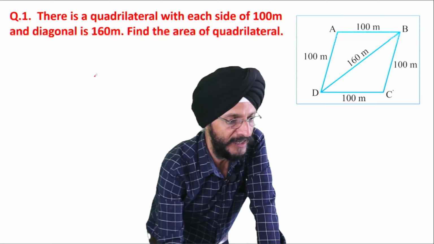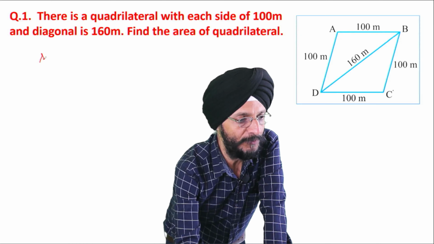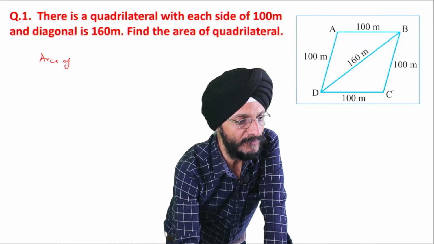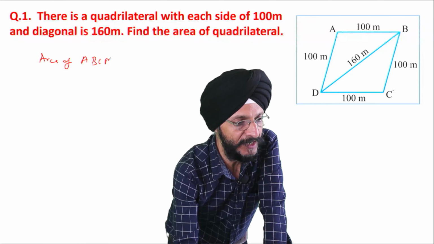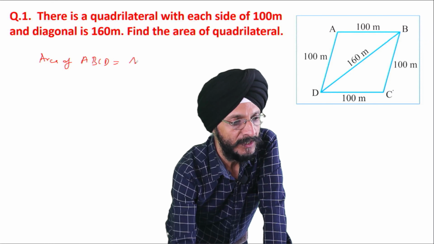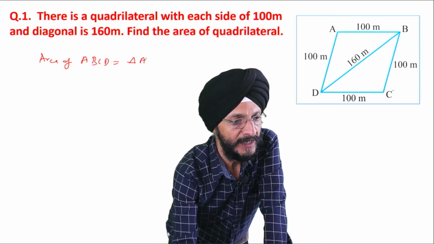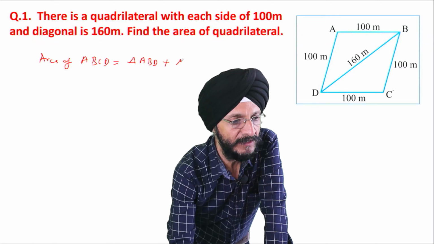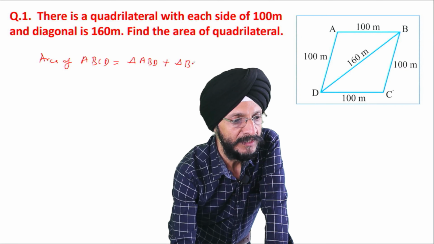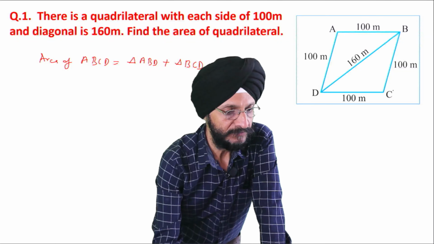So we can say that the area of quadrilateral ABCD is equal to triangle ABD plus triangle BCD.